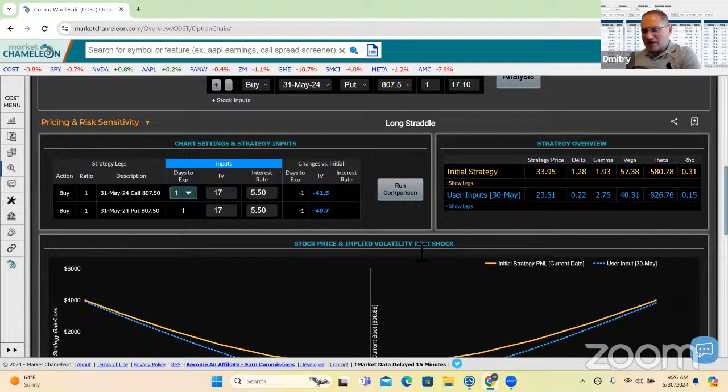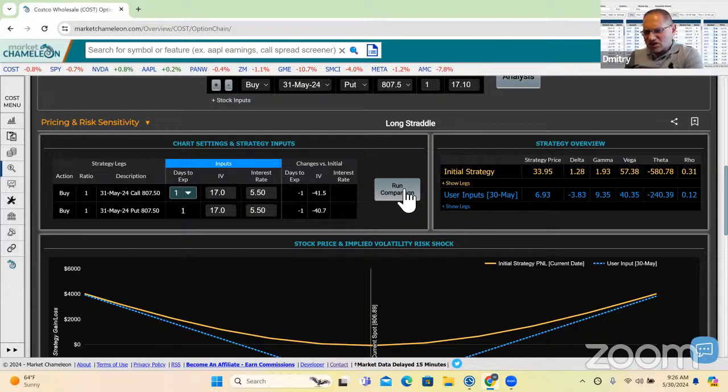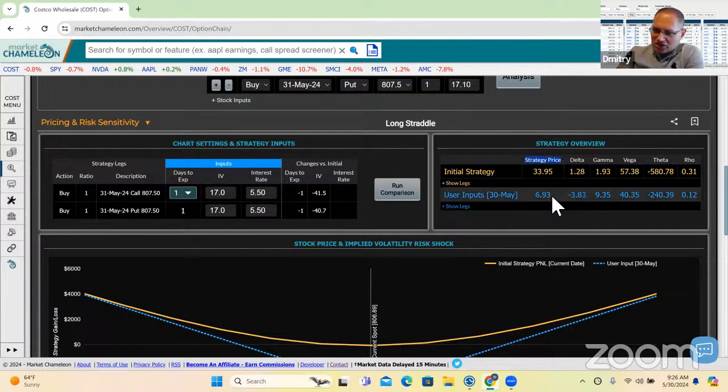Okay, let's run that analysis and see what the graph looks like going up and down now. So I'm going to run that analysis. Run. Okay, so you could see that with the stock unchanged, and if I changed these parameters, if the stock's unchanged, the value of this strategy is all of a sudden $6.93.